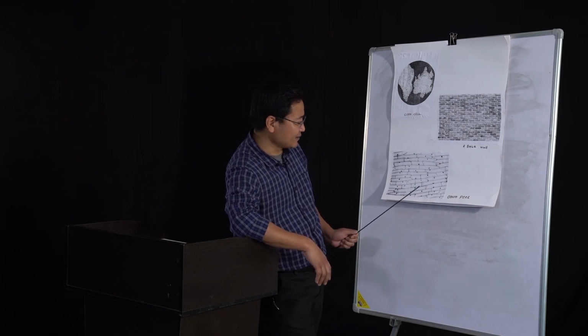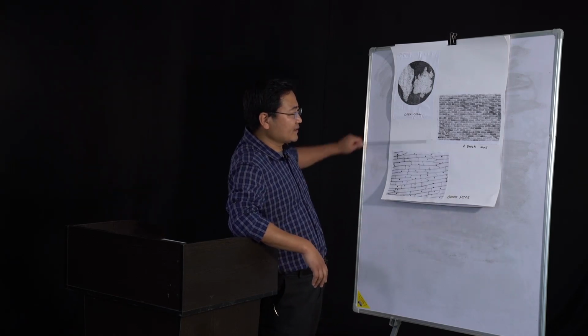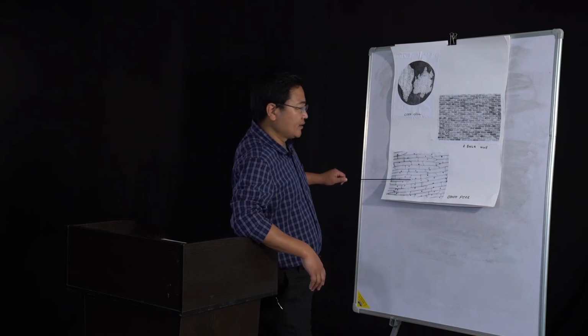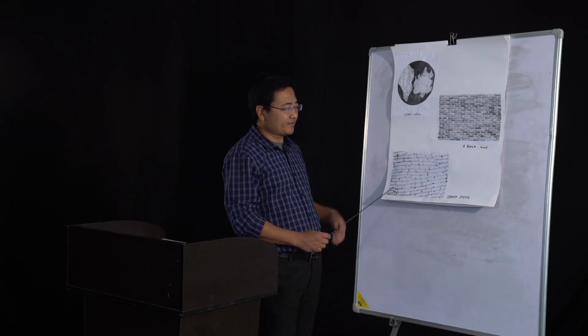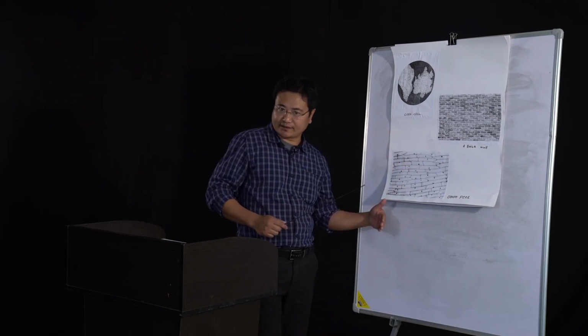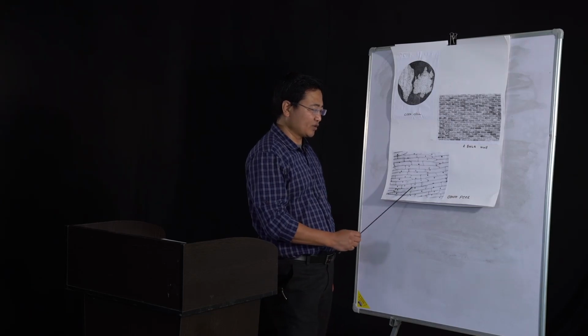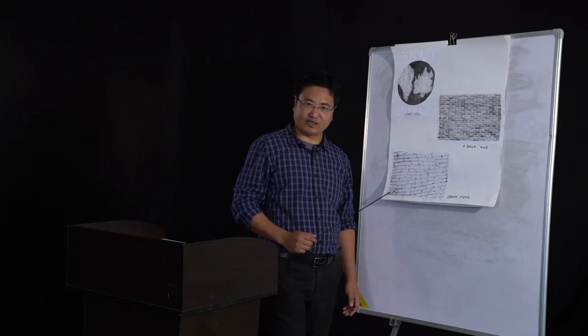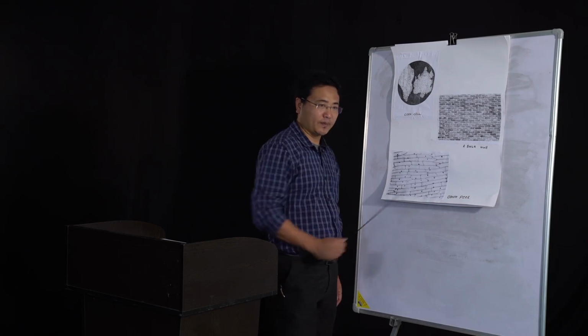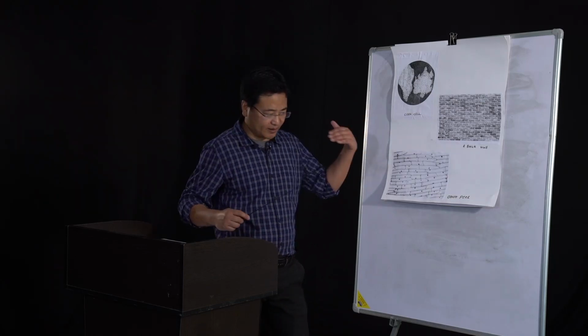Now, looking at the onion peel, we find that it is very similar to the brick wall. If we look carefully, the difference between the brick wall and the onion peel is that we find some dots on the onion peel. These are nothing but the nucleus.